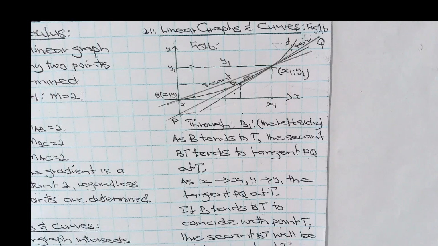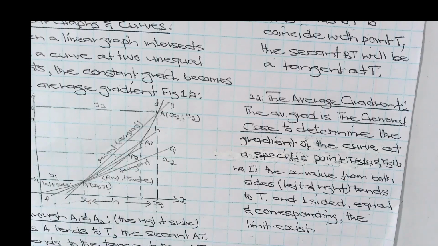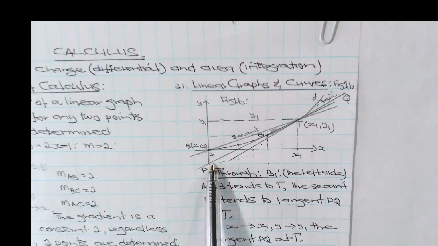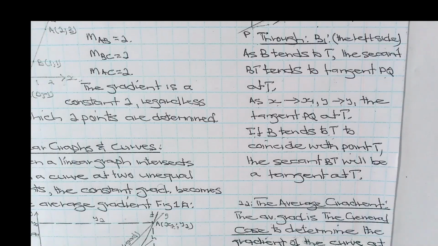Because x and x2 converge to x1. x2 tends to x1 from the right, and x tends to x1 from the left. So if the right side and the left side converge to the tangent point of the curve, the limit exists.